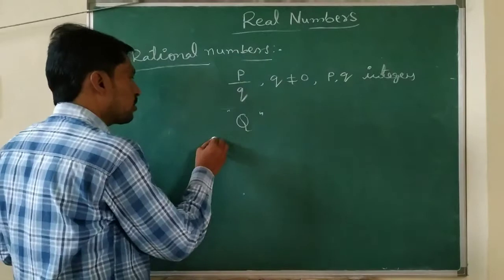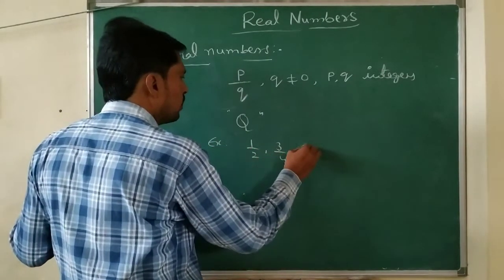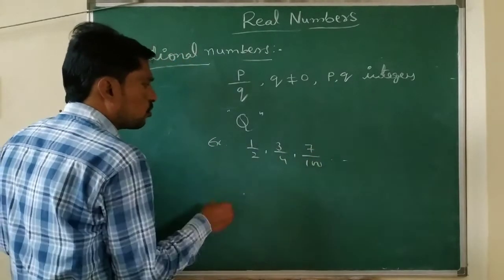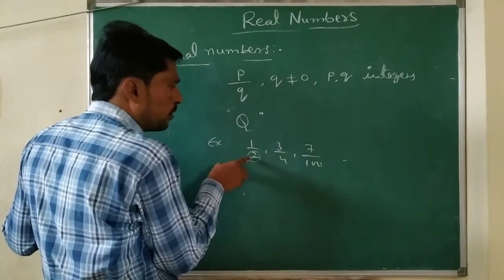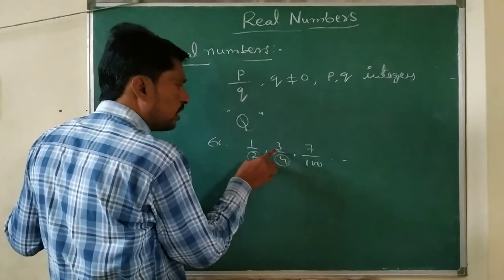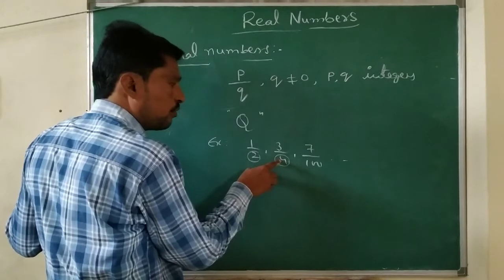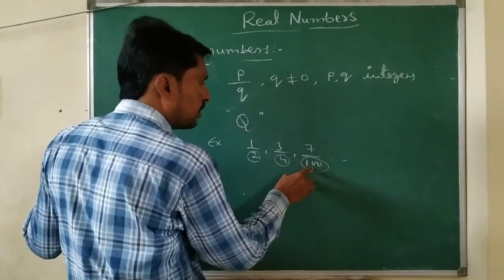Some examples of rational numbers: 1 by 2, 3 by 4, 7 by 100. Here you have to observe that in p by q, q is not 0. In 3 by 4, q is 4, and in 7 by 100, q is 100.